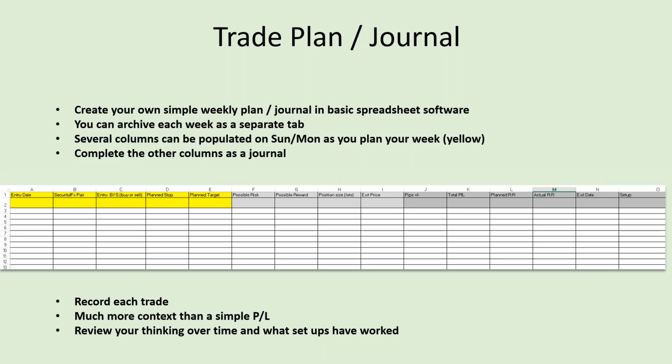And because you're filling this out in advance, you may, for instance, be an oil trader, and you may be, okay, I'm interested in trading this week the Wednesday morning oil inventory, or maybe you're a natural gas trader, it's the Thursday morning.